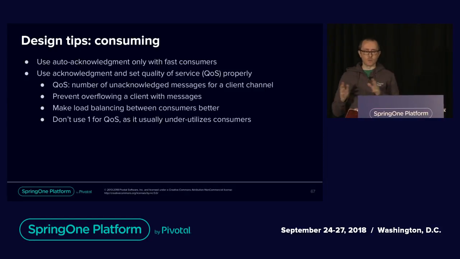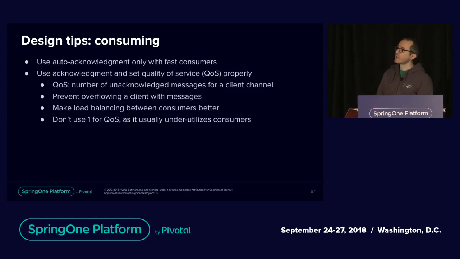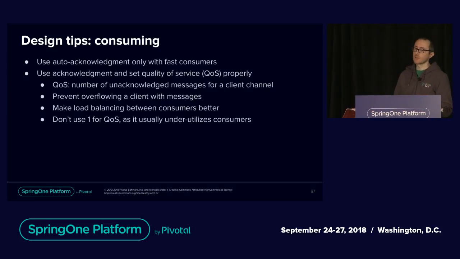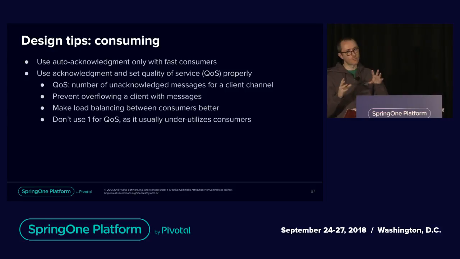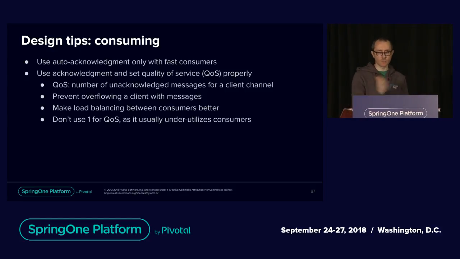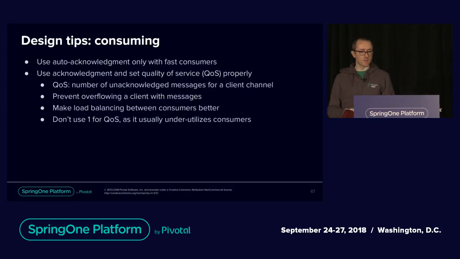So to avoid that, you can use acknowledgement and set quality of service properly. So what's quality of service? It's the number of unacknowledged messages that you can have in your client application. So here you just say, as a consuming application, I can handle like 10 messages at one time.